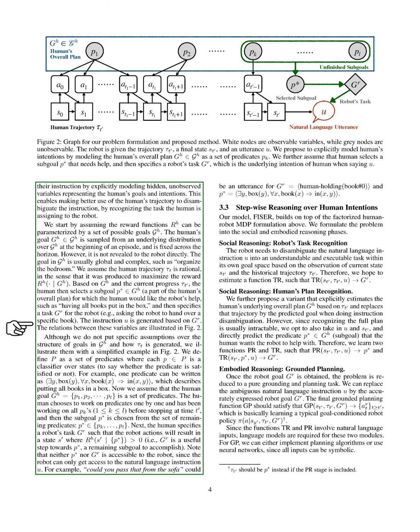For instance, one predicate could describe the action of putting all books into a box. We assume that the human's goal consists of a set of these predicates, and they work on them sequentially, stopping at a certain point to choose a subgoal from the remaining predicates. Next, the human specifies a task for the robot that will lead to a state where the reward is positive concerning the chosen subgoal.